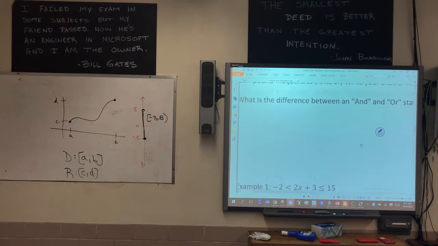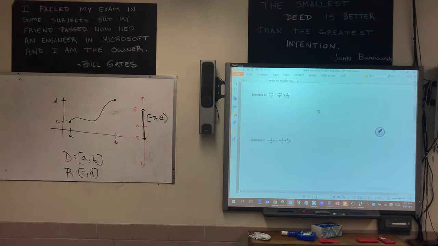All those exponents are 1. So these are all what type of inequalities? Linear. And when you deal with linear inequalities, you address them just like linear equations, right? And that's what we've been taught in previous years.